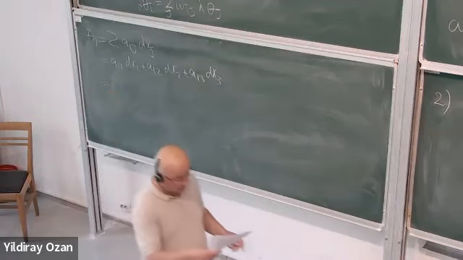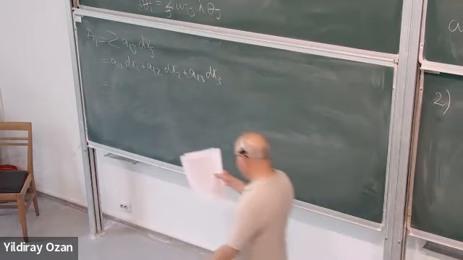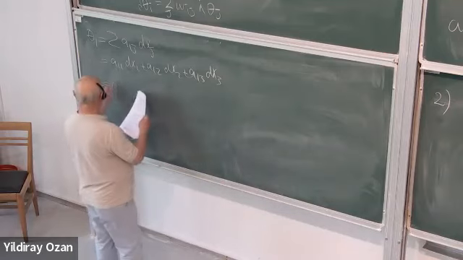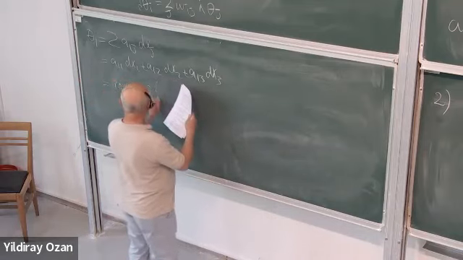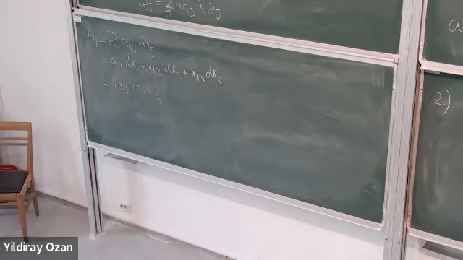A11 is what? A11 was cosine phi, cosine nu. And then dx1. X1 is rho times cosine phi, cosine nu. When you take d of this, you take its derivative with respect to the first coordinate, and then second coordinate, and third coordinate.